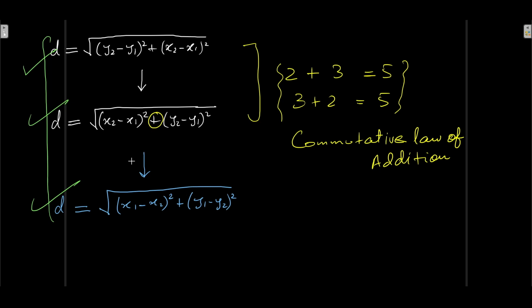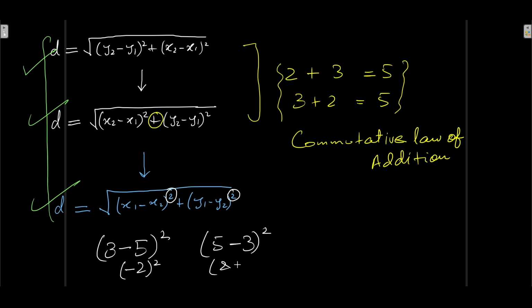The reason behind this is the concept of this square. This square will always make the result identical. Let me show you how. 3 minus 5 whole squared and 5 minus 3 whole squared will give you identical results. 3 minus 5 whole squared will give you negative 2 whole squared, and 5 minus 3 will give you 2 whole squared.